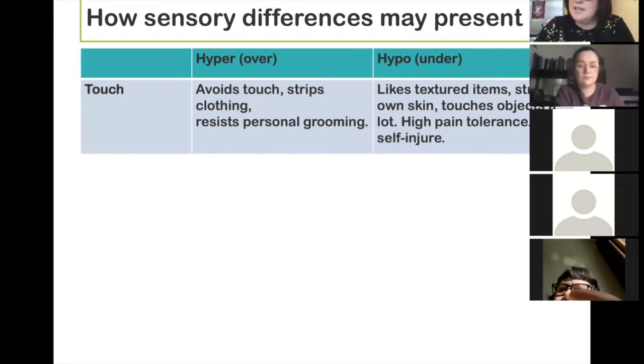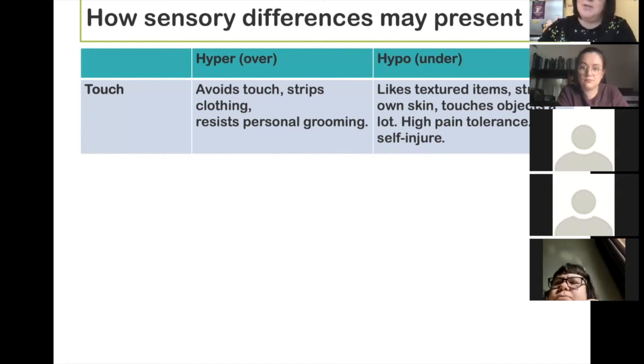If they're undersensitive, again, trying to seek touch, they might like lots of textured objects, lots of tactile interaction, stroking their own skin, touching objects a lot. They might have that high tolerance to pain as well, potentially. And you might sometimes find that people self-injure to stimulate that sense as well. There's a link between self-injury and the neurotransmitters your brain produces.